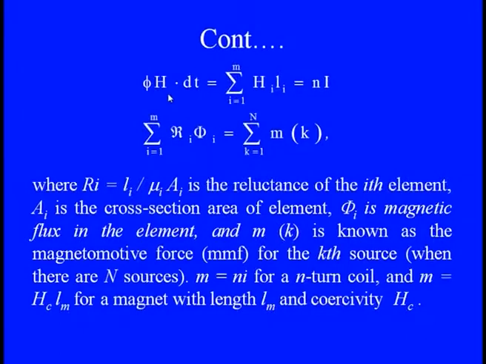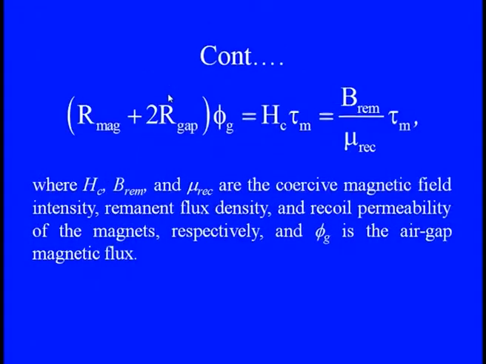Here we have M equal to Ni, where N is the total number of turns in the coil. M of k, which we show here as the source part in the forcing feature, is the magnetomotive force equal to Hc Lm for an individual magnet, where Lm is the length of the magnet and Hc is the coercivity in the field part.